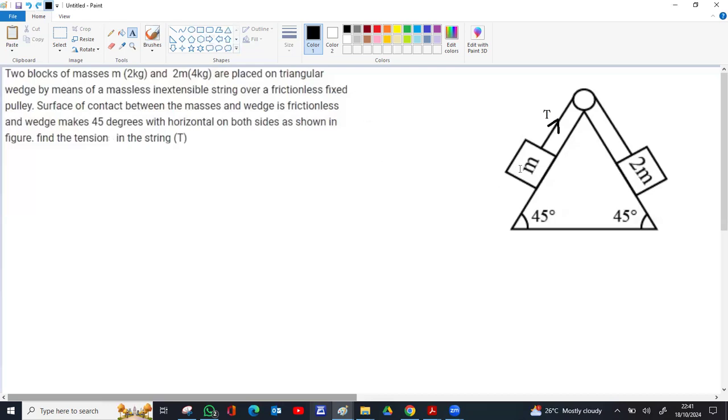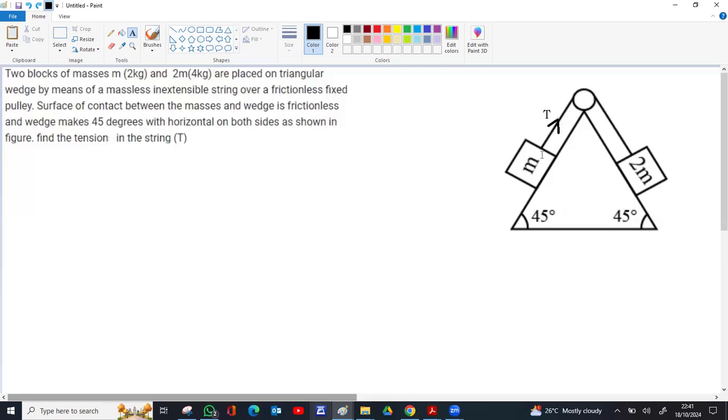Now the weight of this mass is acting vertically downward. If you resolve that into components, normally we get a horizontal component and a vertical component. But here we resolve parallel to the surface and perpendicular to the surface, and we get a component downward as mg sin theta.